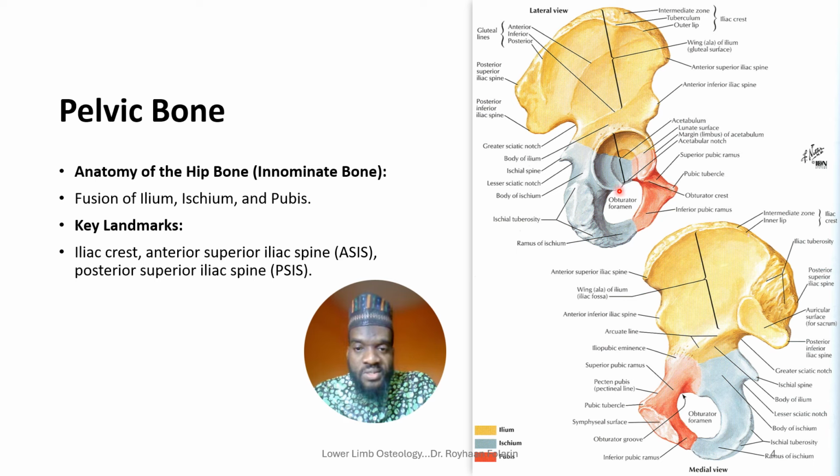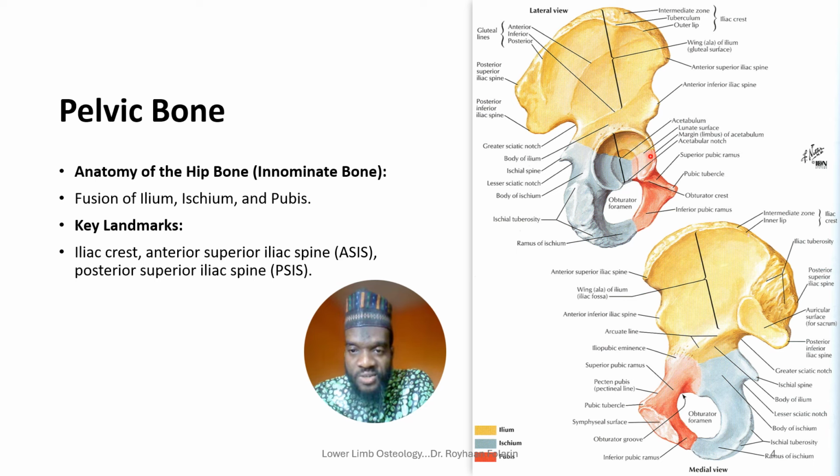Now, this is the obturator foramen, and then we referred also to this large central structure. It's known as the acetabulum. This is the acetabulum. Okay, so it has a lunate surface, so named because of its moon-like shape. So here is the margin of the acetabulum.